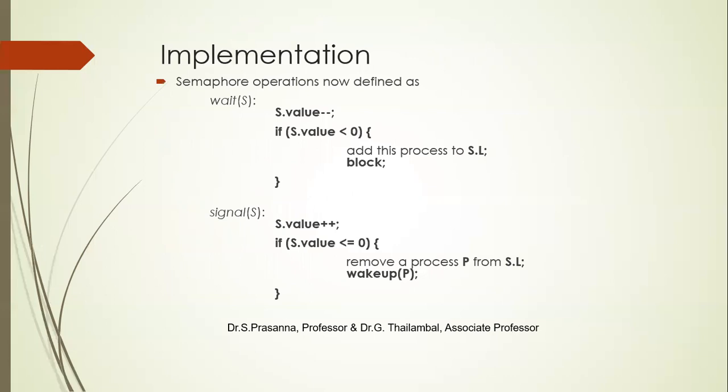Semaphore operations are now defined using waiters and signalers. The complete working is given in wait(S). Blocking happens with the block command, and in the signal operation, once the blocking has been done, the process should be woken up. Therefore wakeup is called in the signal operation.